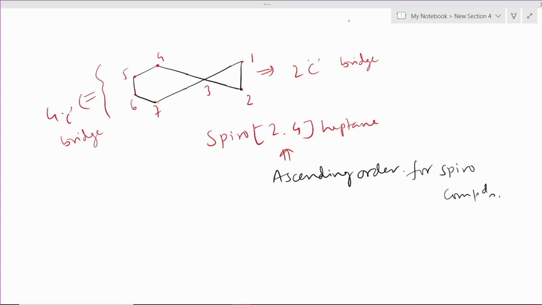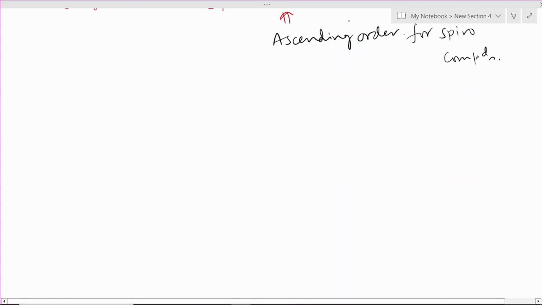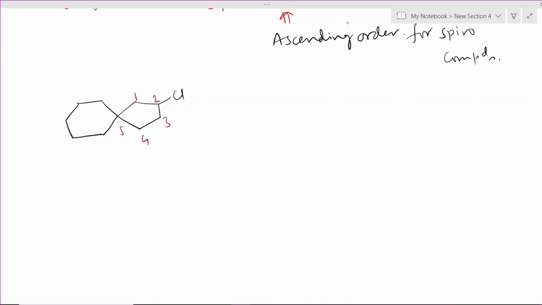Another example we will take. If we do numbering, it will be 1, 2, 3, 4, 5, 6, 7, 8, 9, 10. Then 1, 2, 3, 4, 5, that is 5 carbon bridge.